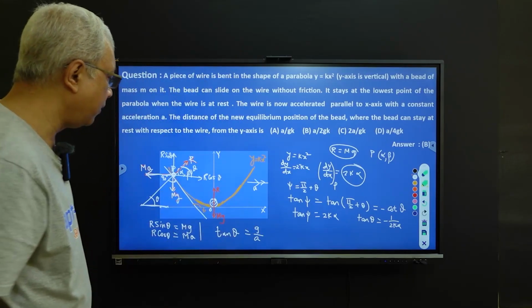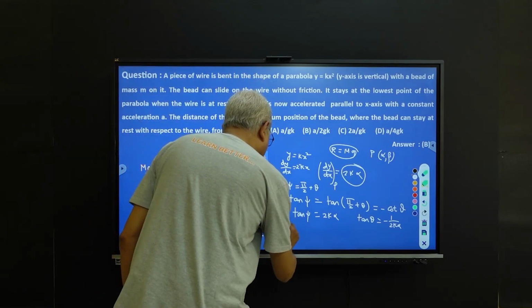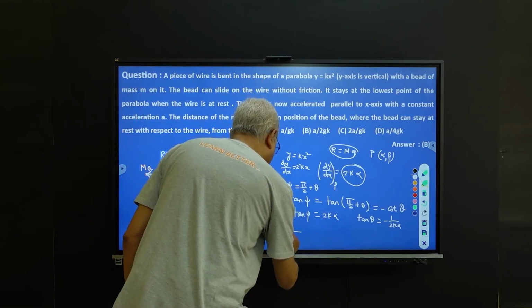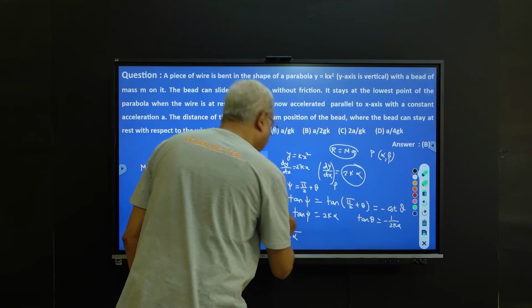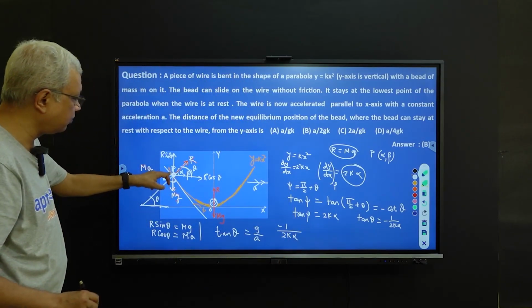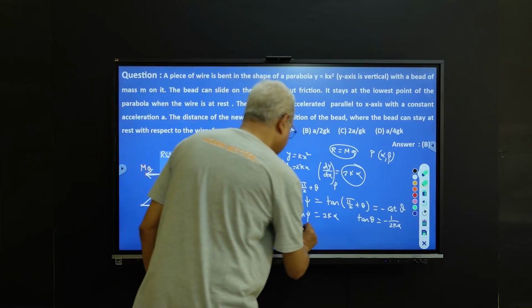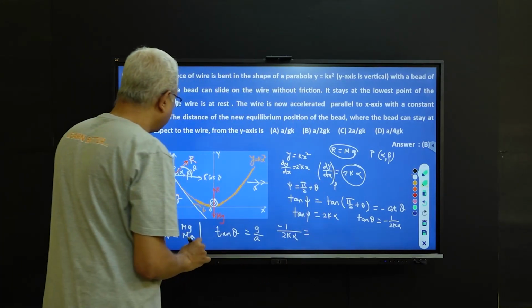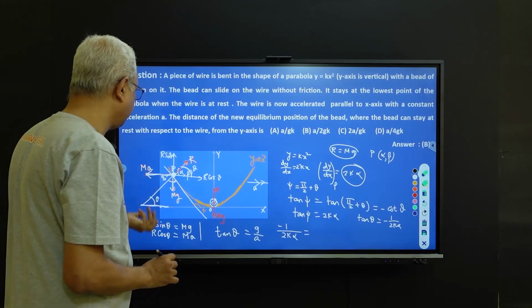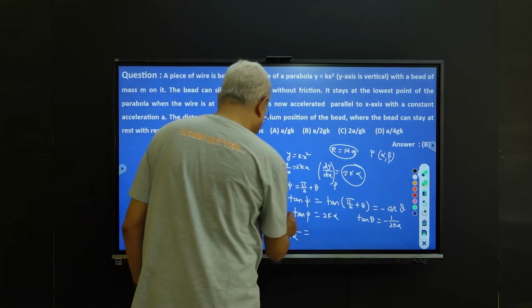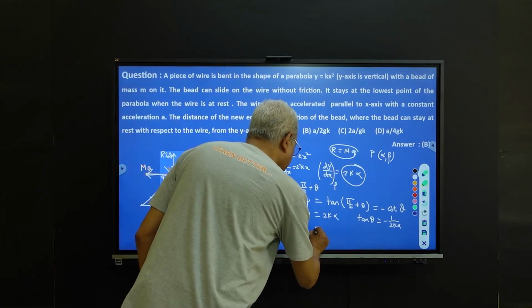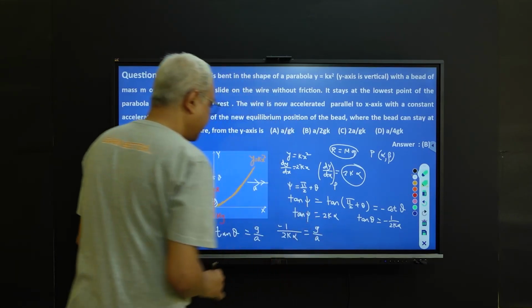But tan theta we have already found, negative 1 by 2k alpha. Alpha is the coordinate of the point of the bead. You can say center of mass of the bead. It's a point mass sort of thing you can assume. So minus 2k alpha is equal to g by a.